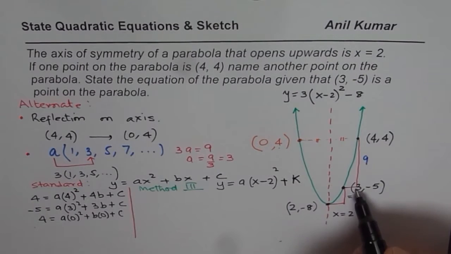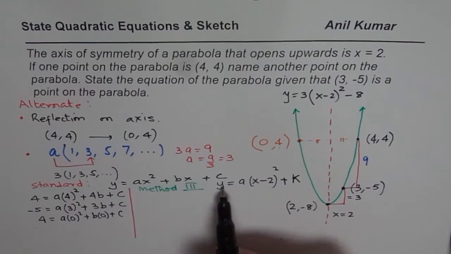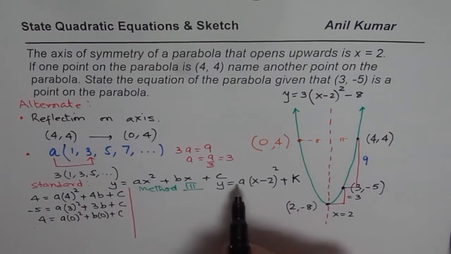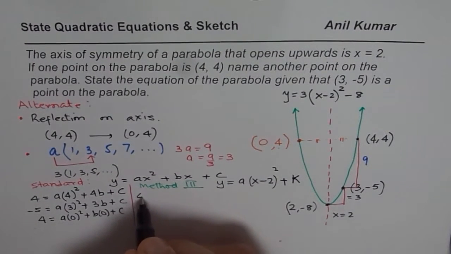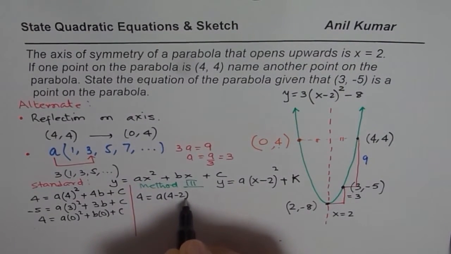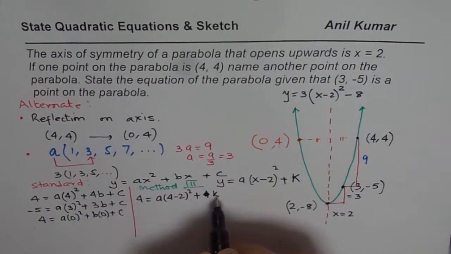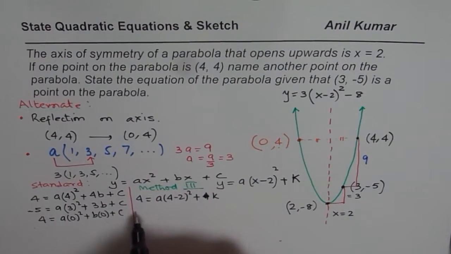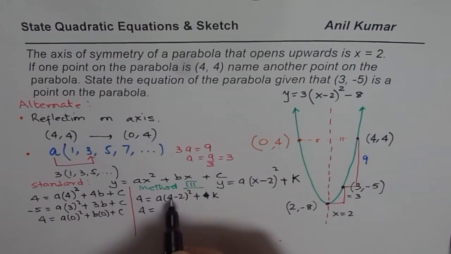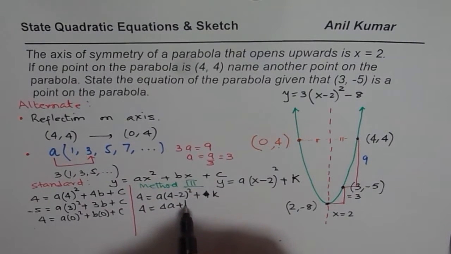Now, I will use these 2 points because I have two variables, correct? So I need 2 points. So if I use (4, 4) in this equation, what do I get? I get 4 equals a times (4 minus 2) squared plus k, which is 4 equals, 4 minus 2 is 2, 2 squared is 4, so 4a plus k.